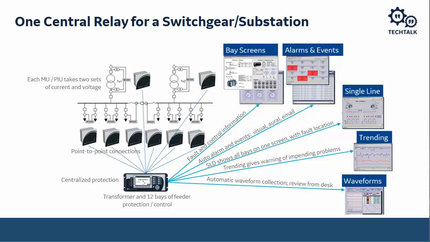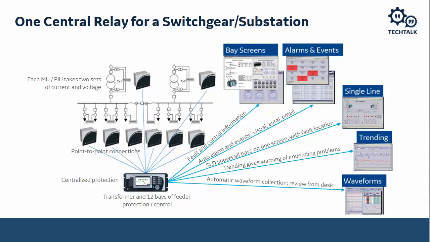By having a near gear HMI, I can do all of my controls in a near gear HMI that is interfacing with the B30 relay. So what that means is I can have a single line that shows the layout of my gear. The operators that are operating on that HMI can be outside the arc flash boundary, and they can trip and close breakers from there. I can have alarm pages from that same HMI, so I can have annunciator type alarms that show the alarms and what the condition is of my breakers.